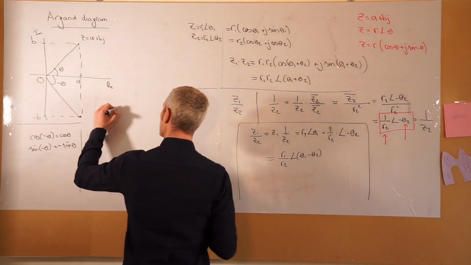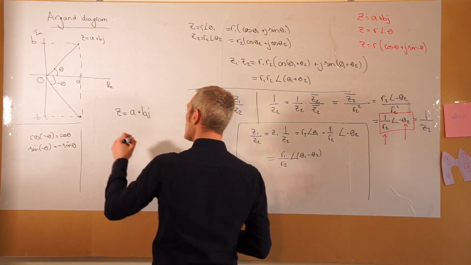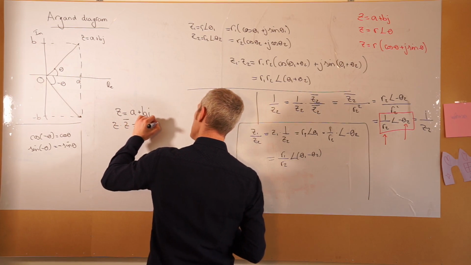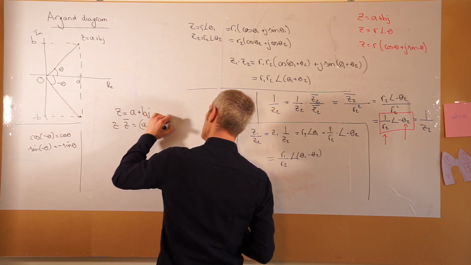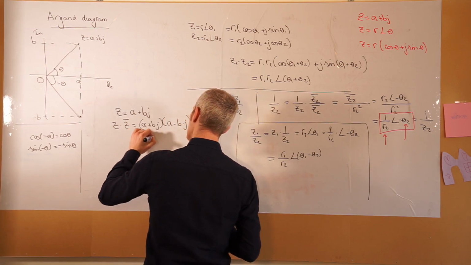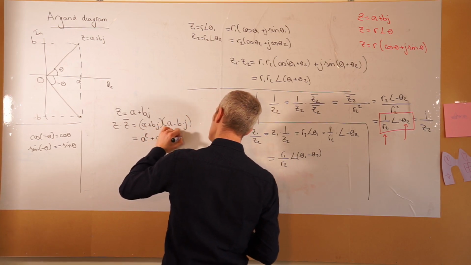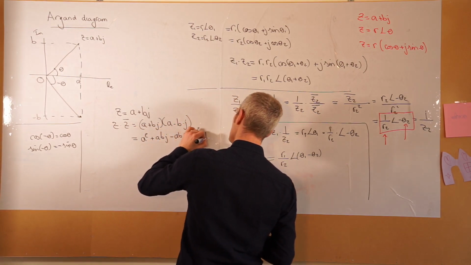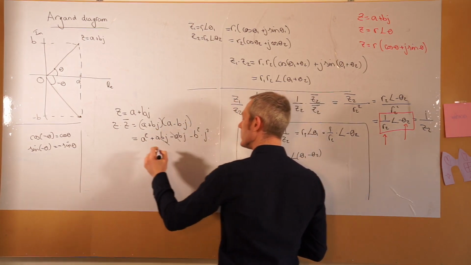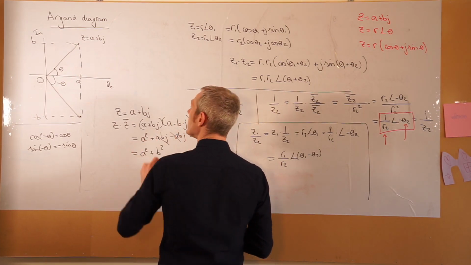If we have z is a plus b times j, then we know that z times its complex conjugate is a plus bj times a minus bj, which is equal to a squared plus abj minus abj minus b squared j squared. These two cancel out, and j squared is minus 1, so this is equal to a squared plus b squared.